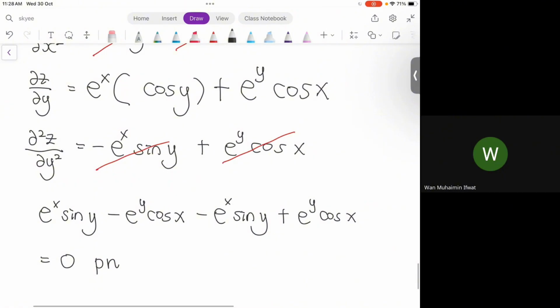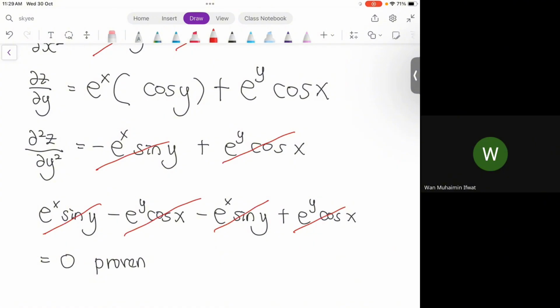So you can write down "proven". You can cancel them, so you have proved that it is 0. Okay, so this is about question 7.